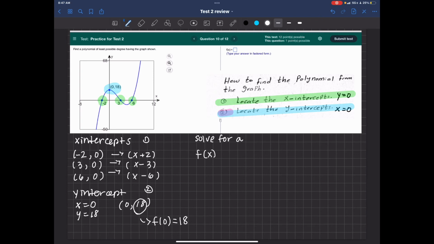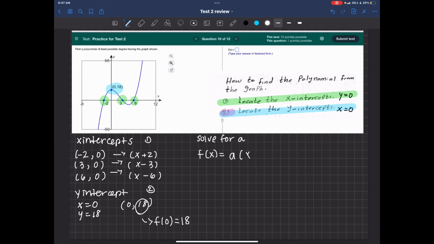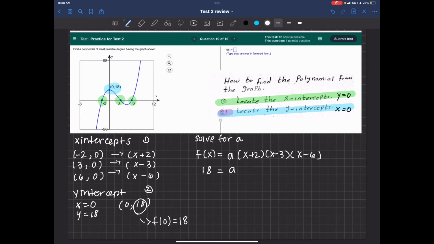So let's start with the generic f of x equals a times these x-intercepts. x plus 2, x minus 3, x minus 6. So our f of x is equal to 18. And we're trying to solve for a.